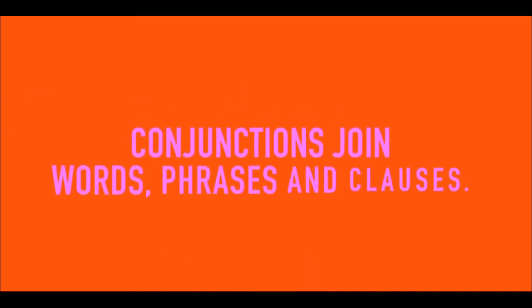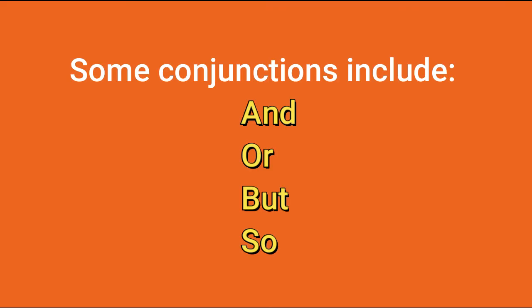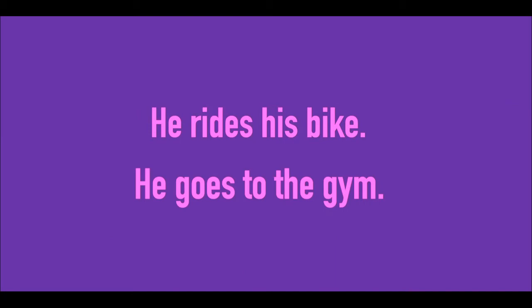Conjunctions join words, phrases, and clauses. Some conjunctions include and, or, but, and so. For example, we have two separate sentences. He rides his bike. He goes to the gym. We can combine these two sentences together by using any of those conjunctions that I previously mentioned.